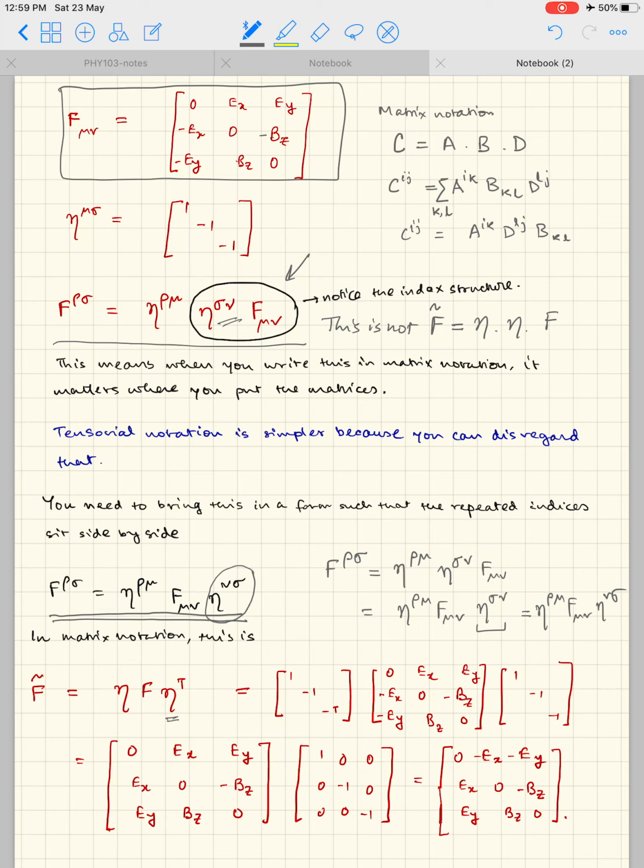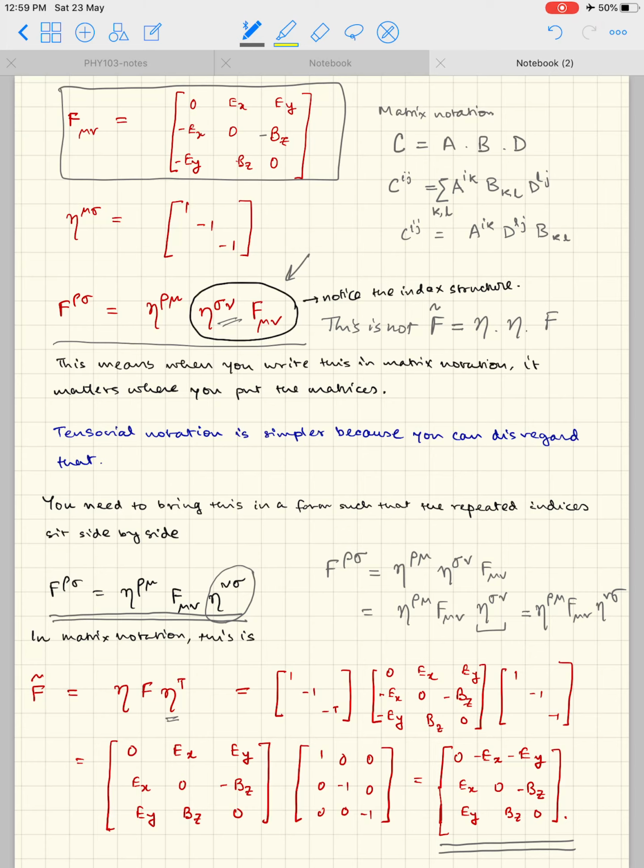In this case, it doesn't really matter, because this is a diagonal matrix, so the transpose will obviously be equal to itself. Now if you write down 1, minus 1, minus 1 and the matrix F and 1, minus 1, minus 1, of course, the two don't sit next to each other. They don't give you identity. And you can just do the matrix multiplication and see what we actually did earlier was all right.